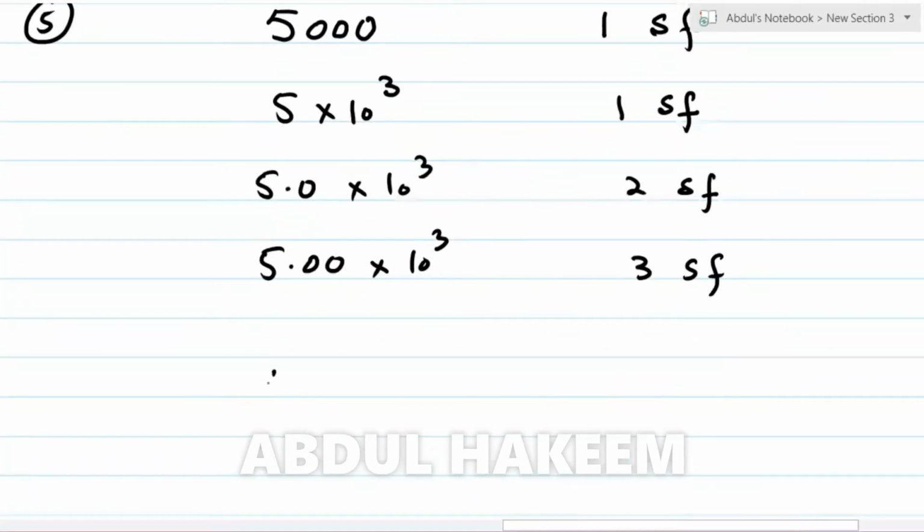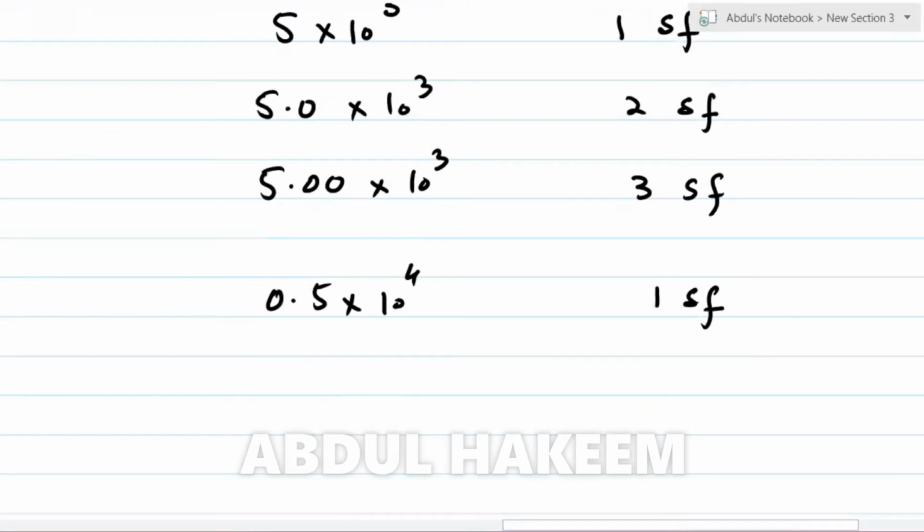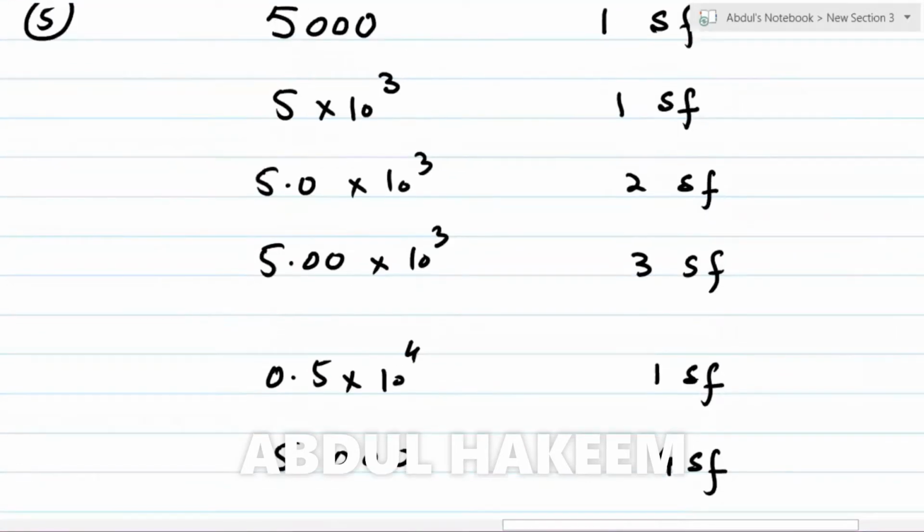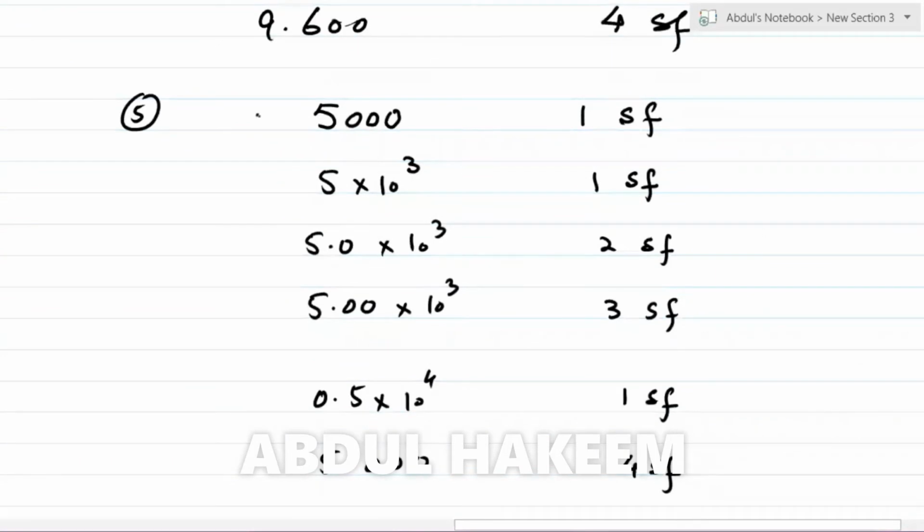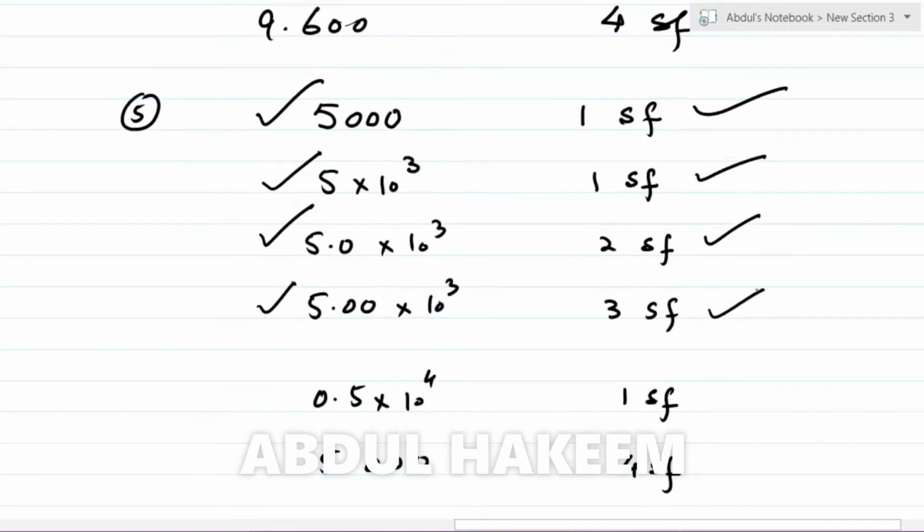It can be written as 0.5 into 10 power 4. So this is one significant figure. So it can be written as 5.000. Now it is a 4 significant figure. So in this shape, one significant figure, same value, one significant figure, this value, two significant figure, this value, three significant figure, this value, one significant, this one into 10 power 4, sorry, 10 power 3, this four significant figure.